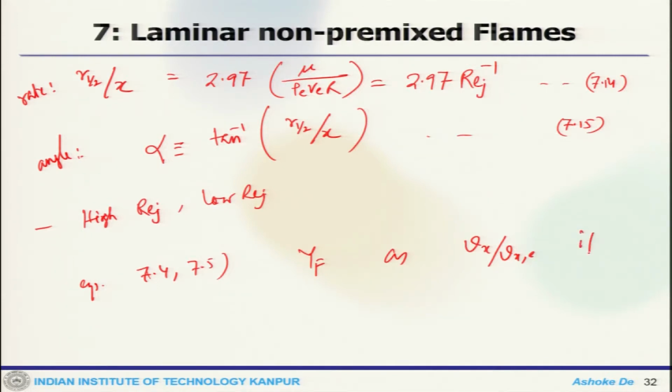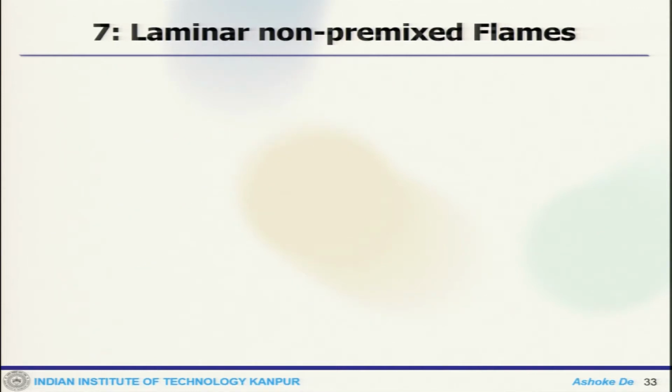If Sc is 1, that is the Schmidt number, which means nu by D is 1, then we can find the functional form of the solution for Y_F. So, the functional form of Y_F is identical to that of Vx by Ve.